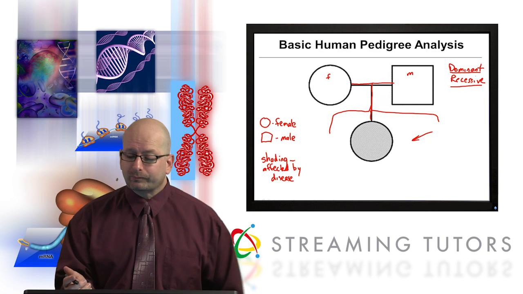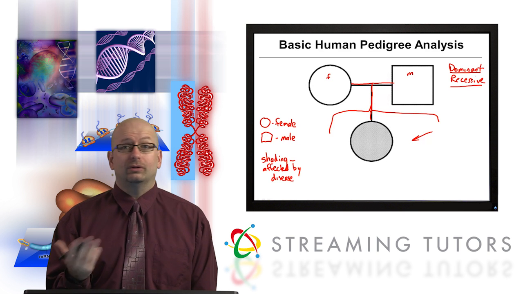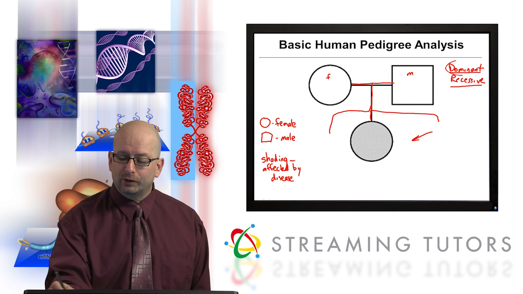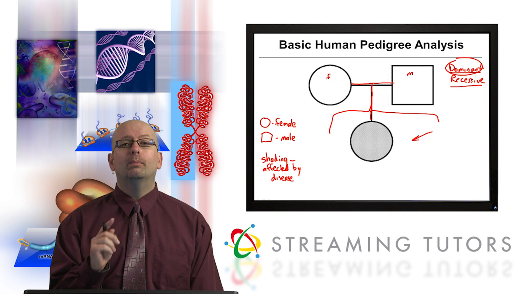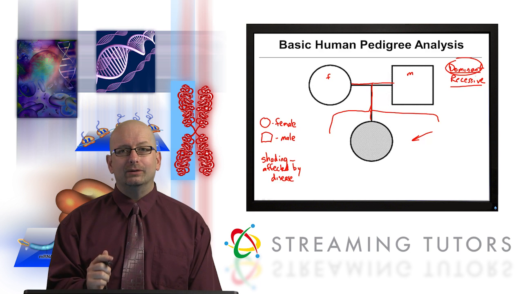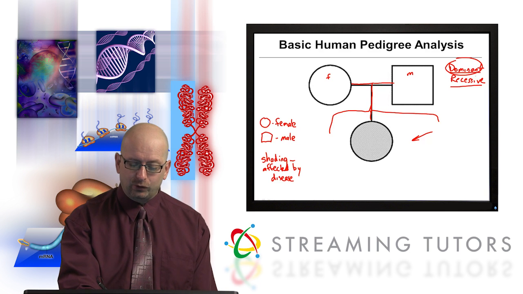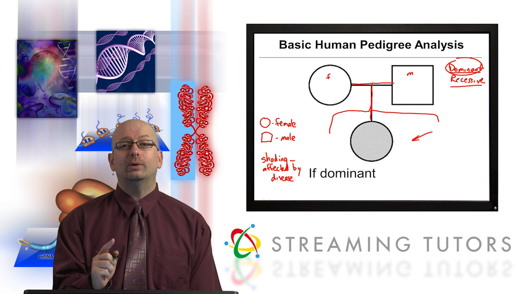So let's just say we'll make a hypothesis, right? Meaning it doesn't necessarily need to be true, but this is a possibility. Let's explore if this were dominant first, right? So based on what you know about dominance, this affected individual here would have to, if dominant, think of what she would have to be.